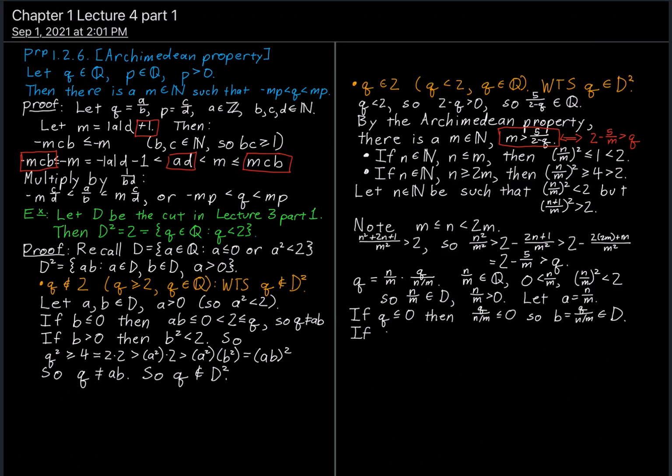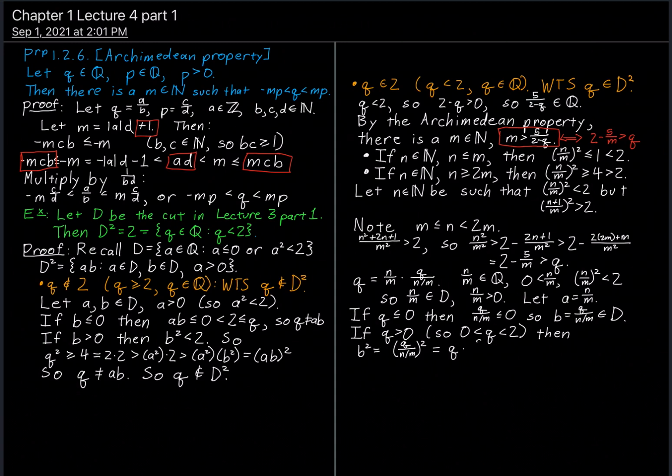And if q is greater than 0, well, we already promised ourselves that q is less than 2. So we can write that this way. Then b squared, that's q over n over m squared.